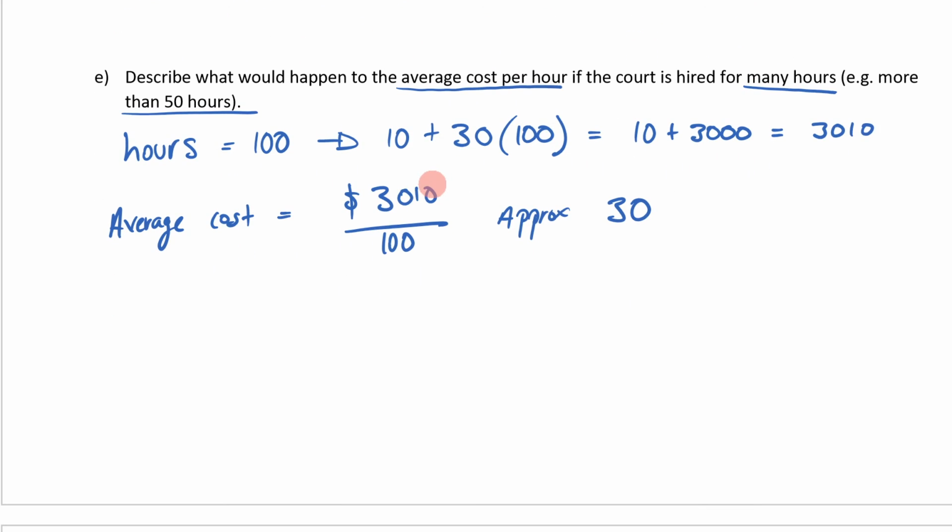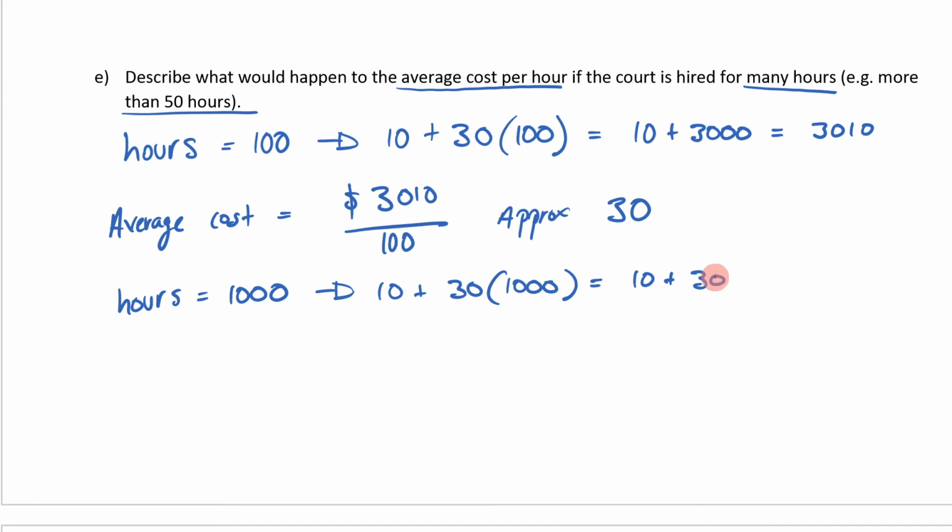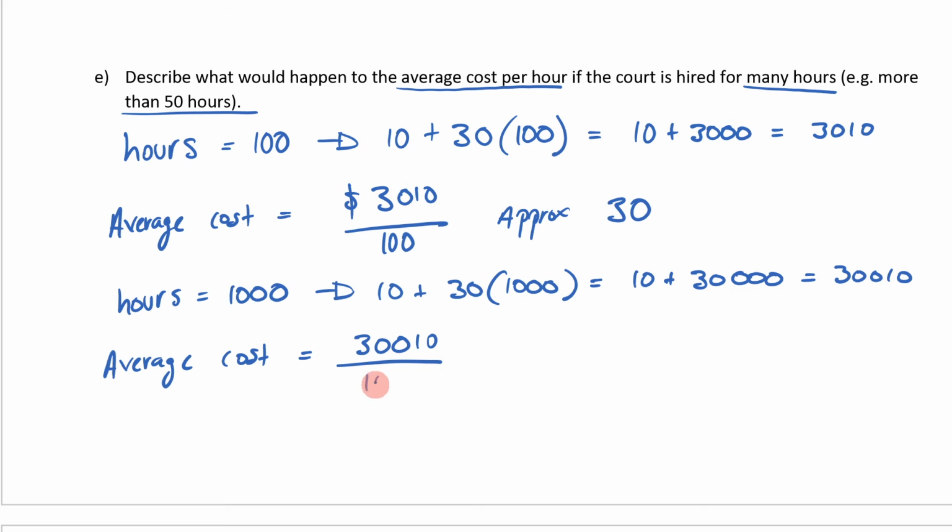And this kind of holds true for even greater hours. Let's say we made it 1,000 hours. Well, that means it would be 10 plus 30 times 1,000, and this is going to end up being 30,000. So this is 30010. Is that enough zeros? It is. And now to figure out the average cost of this, we're going to take 30010 and divide it by 1,000.